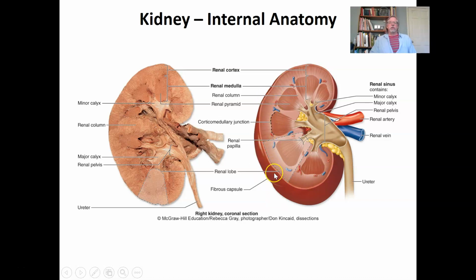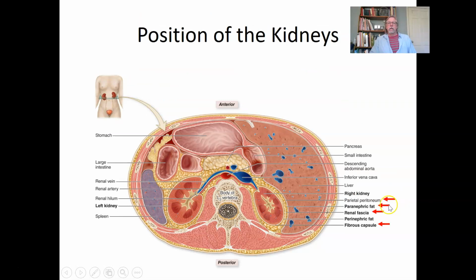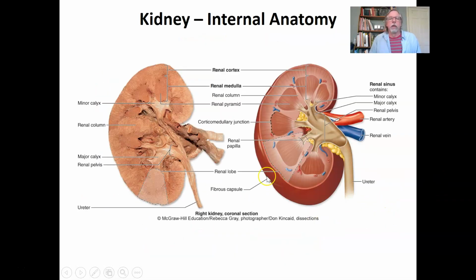It's lying just beneath the capsule, that's the word I was looking for. So this is the capsule running around it, and the cortex is lying just below that. Okay? Here's the medulla, darker red in color, and these are the renal pyramids, the different sectors making up the renal medulla.